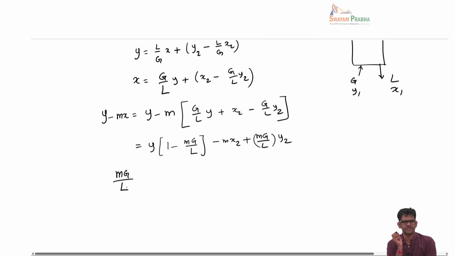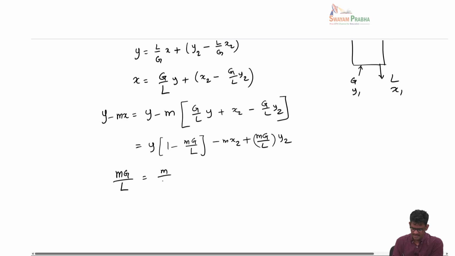What do you think about this term mG by L? What does this signify? What is m? Slope of the equilibrium line. What is L by G? Slope of the operating line. So there is a coefficient that's coming up, that is a ratio of the slope of the equilibrium line to the operating line. So we can write this as m by L by G, where m is the slope of the equilibrium line and L by G is the slope of the operating line.